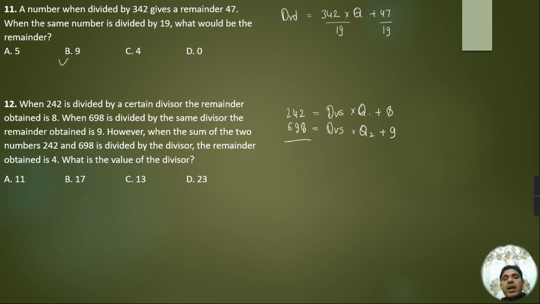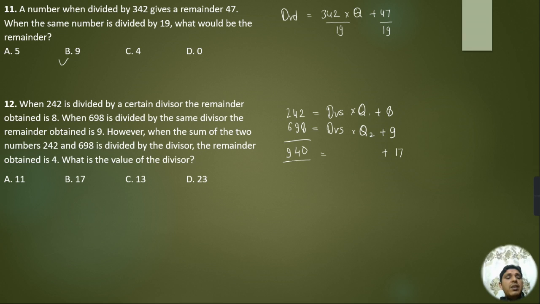For finding this, just find the sum of these two remainders, 8 and 9. When we find the sum of these remainders, this will be 17, right?